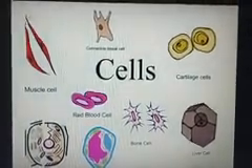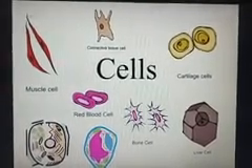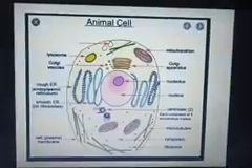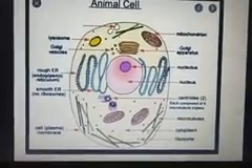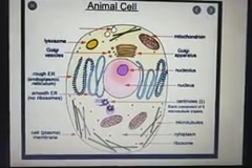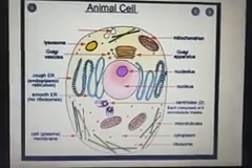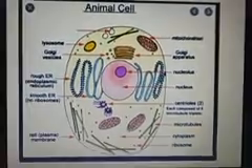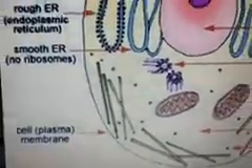There are various sized and shaped cells in an organism. In a typical cell, there are three main parts. Here you can see the outer membrane is called the cell membrane or plasma membrane.